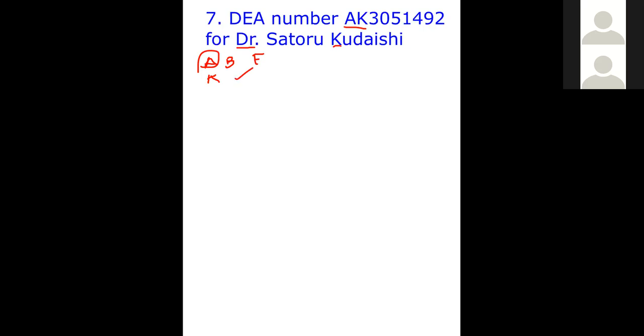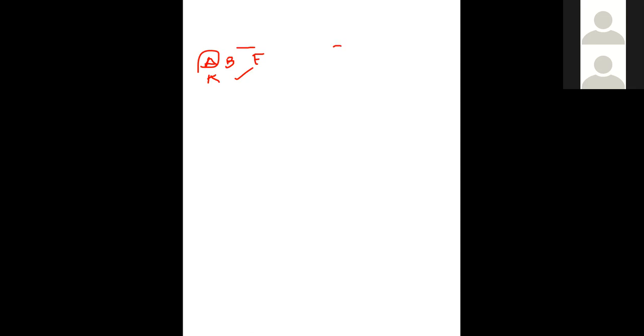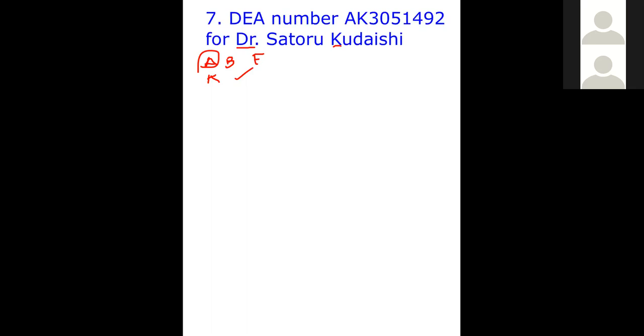So it says that the third, fifth, and seventh numbers we have to add. So that means the numbers 3, 5, and 4. So we're going to add those numbers. 3 plus 5 plus 4. So that is equal to 12.